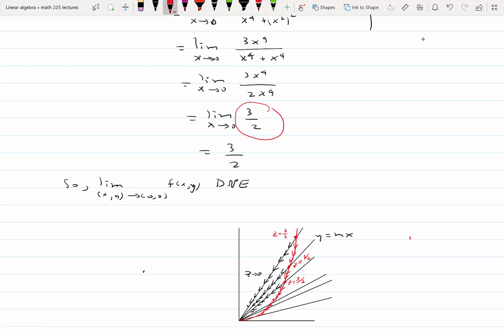As long as I stay on the parabola, the z-value is 1/2. The x and y are approaching 0 along that red parabola, but the z-value is staying at 1/2. But as soon as I decide to take a particular point on the parabola, and instead of staying on the parabola, I move to the line and approach the origin, the z-values approach 0.